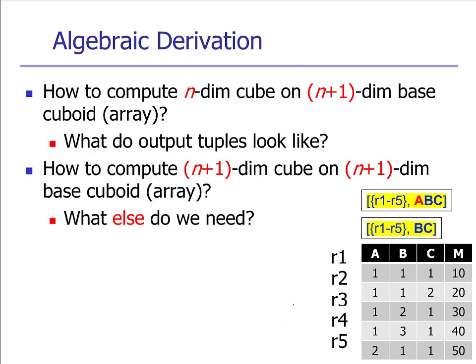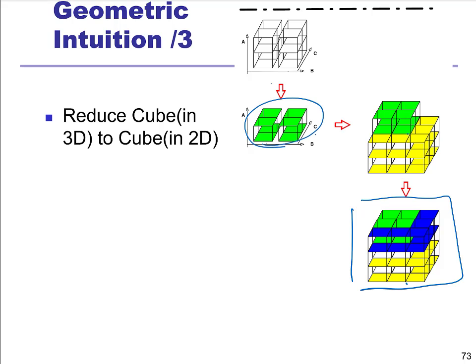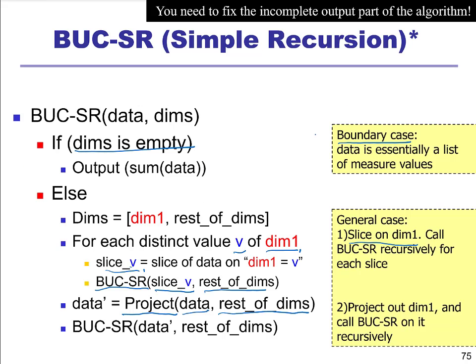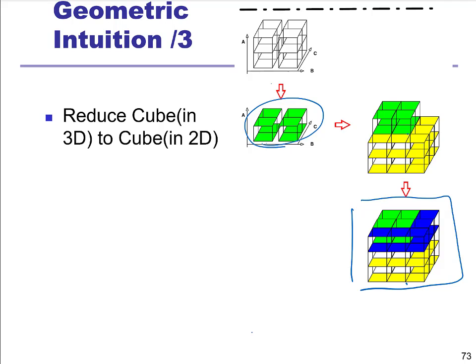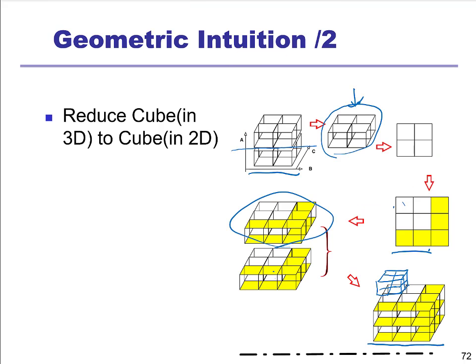This is how we get the green part here. We get this data prime, and we apply BUCSR on data prime and the rest of the dimensions, because as you can see, this green part essentially has the same form as these 2 slices in the first step.